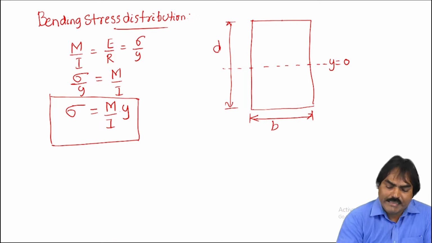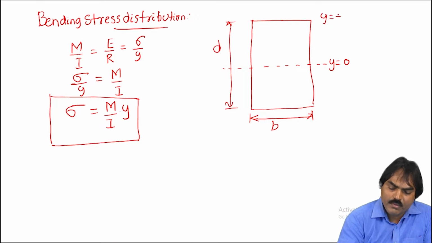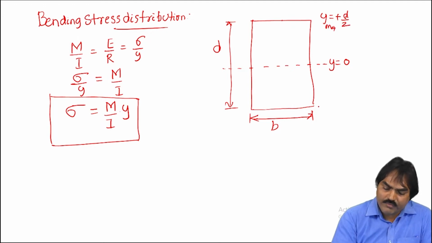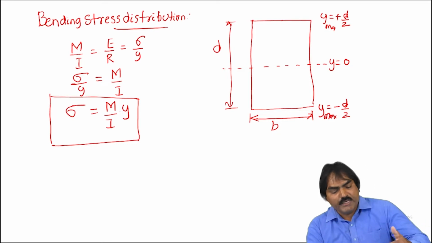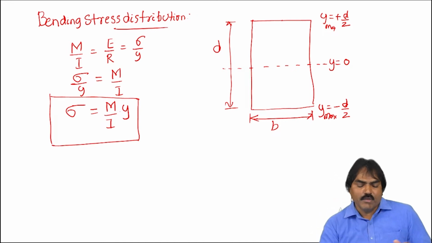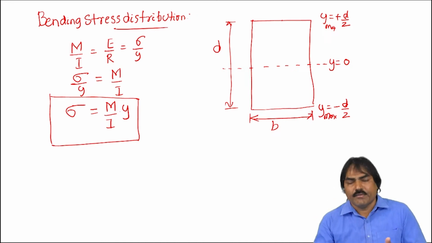So here Y will be plus D by 2, Y max. At the bottom it will also be Y max, that is minus D by 2, because if you consider the top positive, the bottom will be negative, or bottom positive, top negative. It depends on the direction of the load; only the stress direction will reverse.